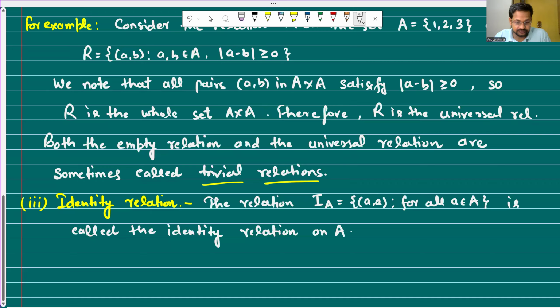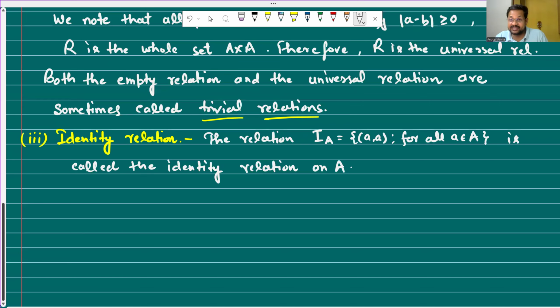So one thing to note here: every element is related to itself only. It means 1 is related to 1, 2 is related to 2, and 3 is related to 3 only. Okay, we are not going to say that 1 is also related to 2, that will not be there.